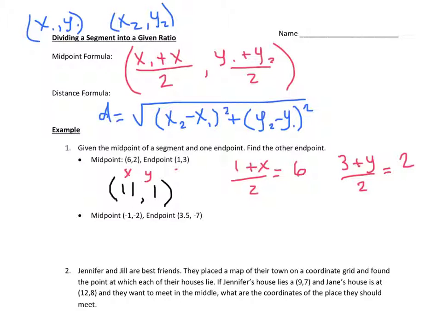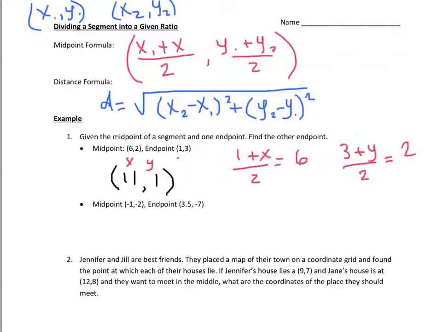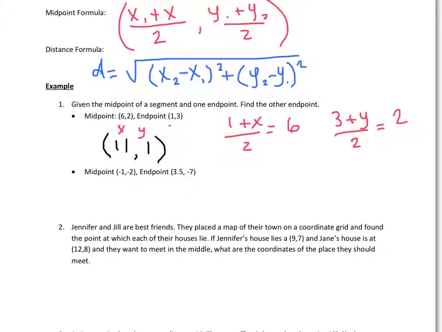So let's look at our other example. Here the midpoint is -1 and our endpoint is 3.5 for our x-coordinates, and then for the y-coordinates it's -2 to 7. So I'm going to solve this one algebraically.